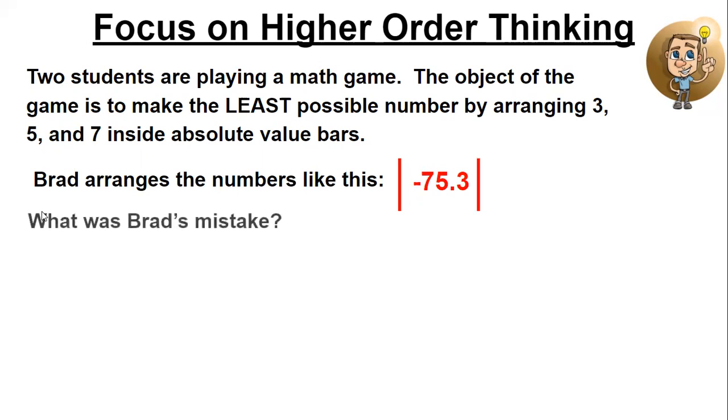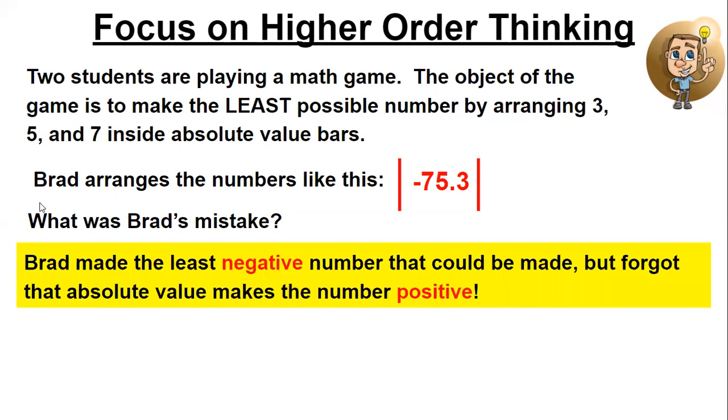What was Brad's mistake? What's his answer going to be? What's the absolute value of negative 75.3? Well, it's positive 75.3. That's the biggest number he can make, right? Brad made the least negative number that could be made, but he forgot that absolute value makes the number positive.